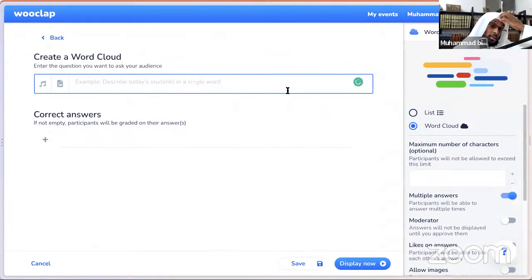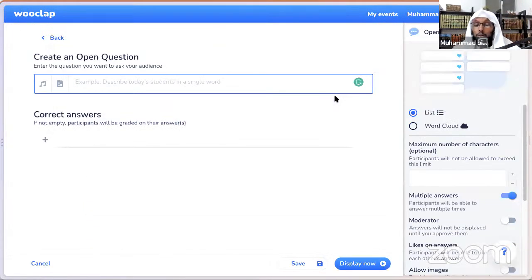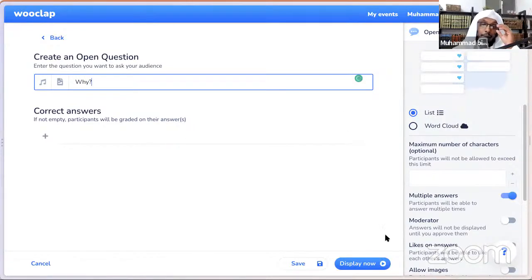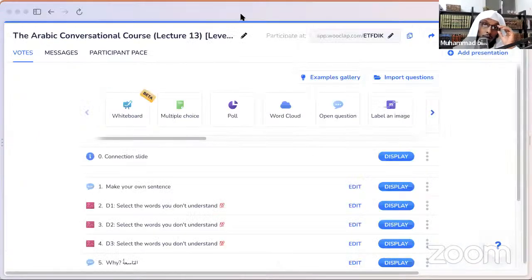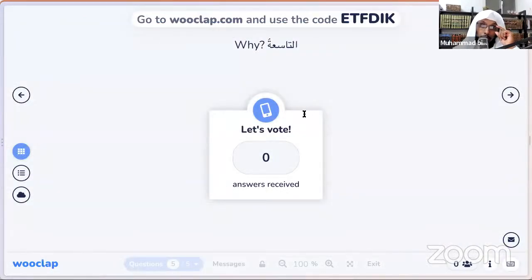Okay. I'm just going to write Y over here. If you want to write on clap. Y التاسعة. I'm using the wrong keyboard. Y التاسعة basically. الآن now.